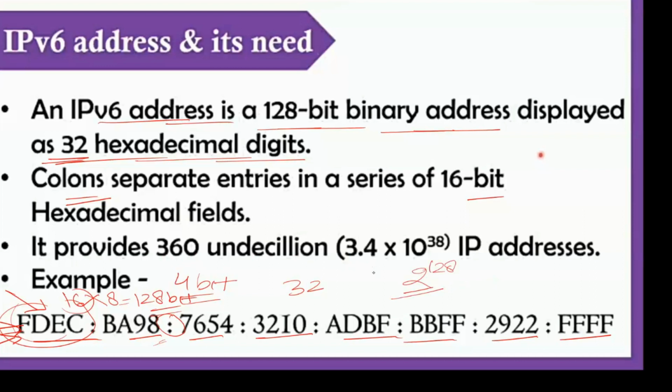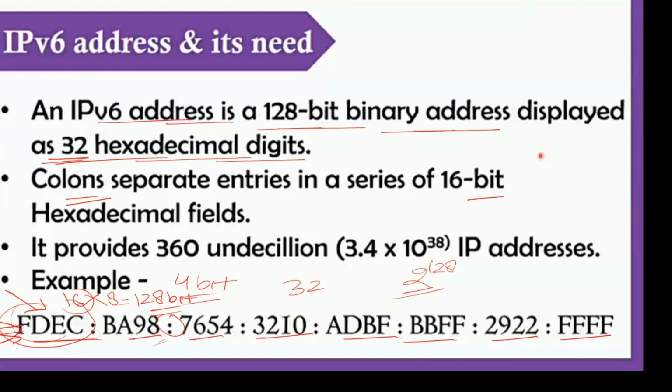And you can also see this 3.4 into 10 power 38 here. So this value is very much longer. The IETF also says you can give an IP to every object, like a smart AC or smart fridge.